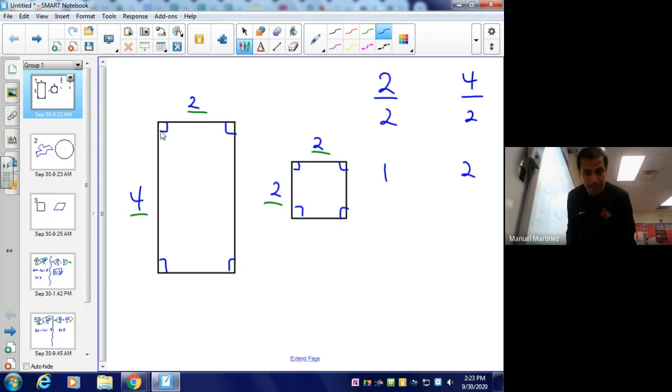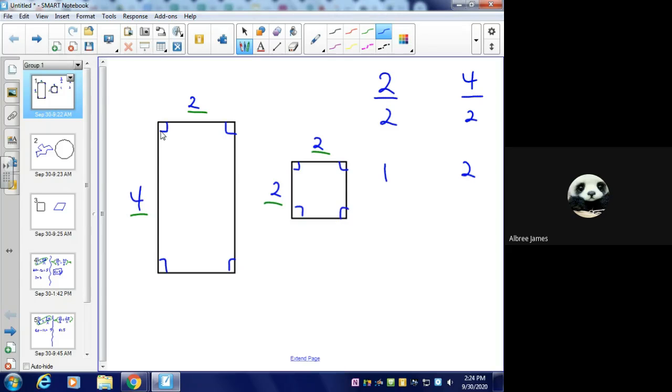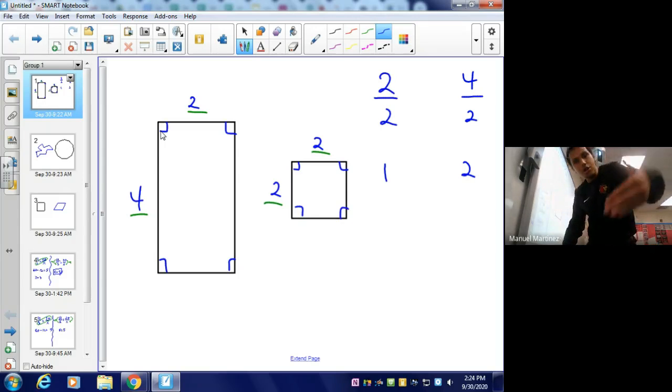Did you get the same thing? No. So they are not proportional, so they are not similar. Again, we need both things: the angles to be congruent and the sides to be proportional.